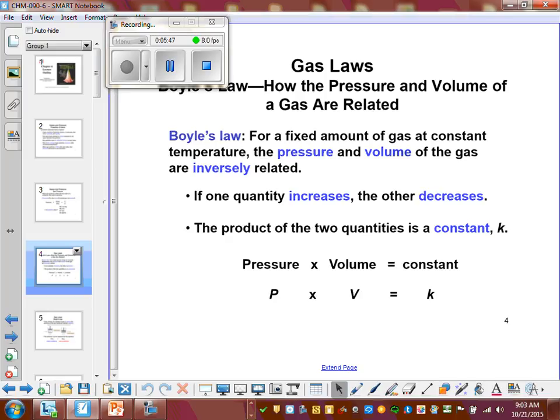Now the pressure times volume is equal to a constant. So this times this is a constant. This times this is a constant. So therefore, this times this has got to equal this times this. To summarize Boyle's law, we could say P1 V1 is equal to P2 V2.